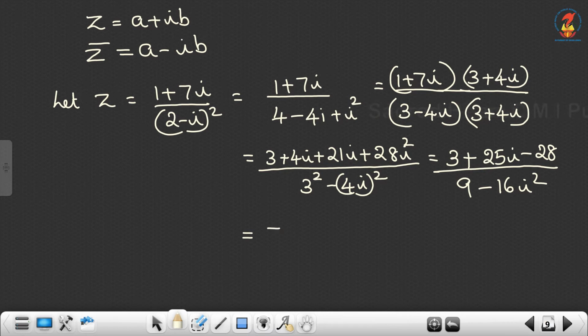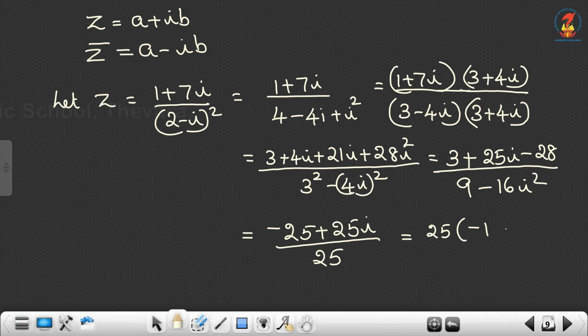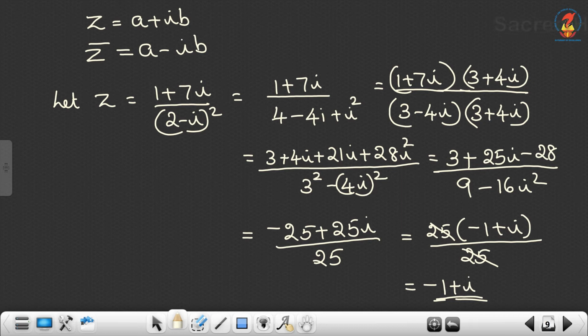So the numerator becomes -25 + 25i. What is the denominator? i² is minus 1, so minus of minus 16 is 25. So we can take 25 outside and cancel: 25(-1 + i) by 25, the 25 cancels. So this is the complex number.